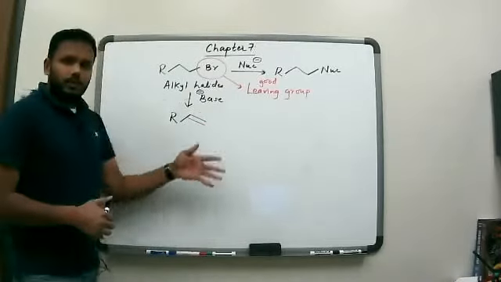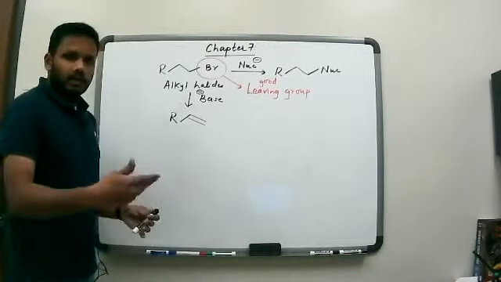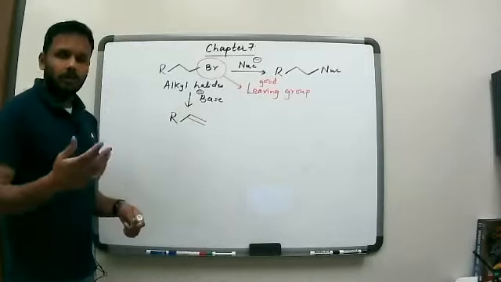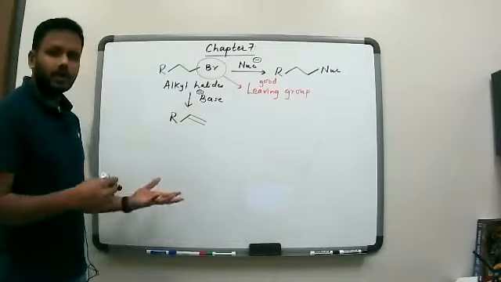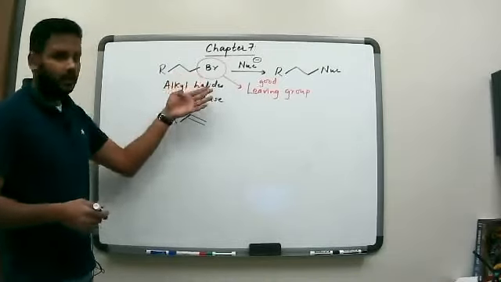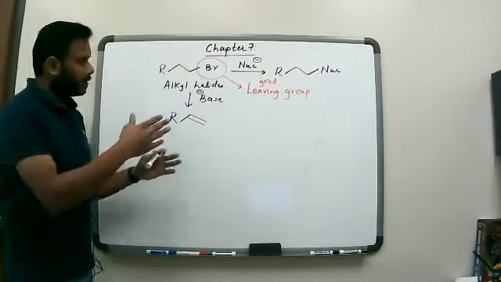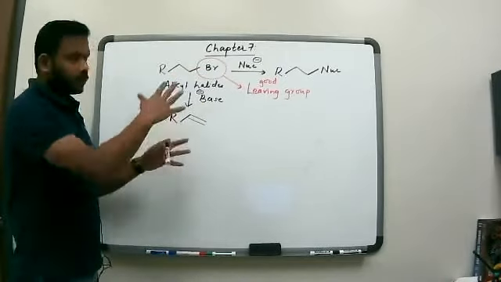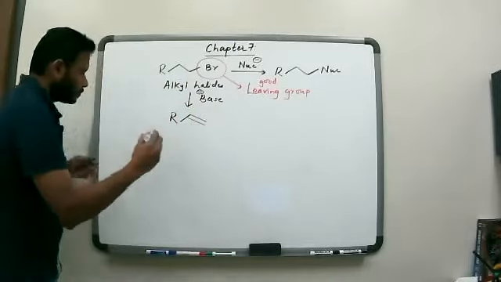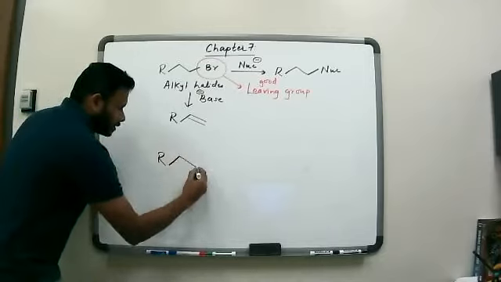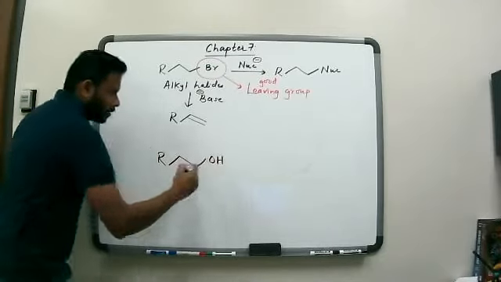So what we're going to do in this video and in a subsequent video is look at another functional group. There are others that can be used, but the halogen is a functional group, and we'll look at another functional group that could undergo these reactions. This functional group is an alcohol.